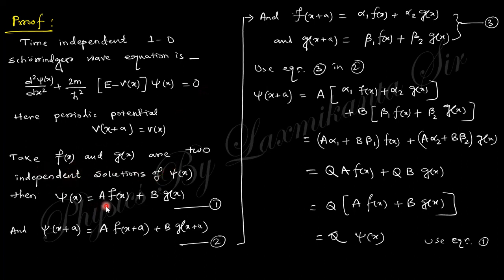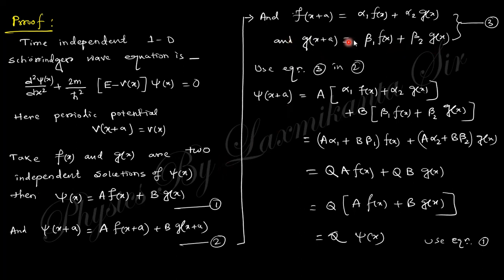So psi of x is a linear combination of these two independent solutions. So psi of x plus a is obtained by replacing x with x plus a, and f of x plus a is also a combination of these two linearly independent solutions. So f of x plus a equals alpha 1 f of x plus alpha 2 g of x, and g of x plus a is beta 1 f of x plus beta 2 g of x.